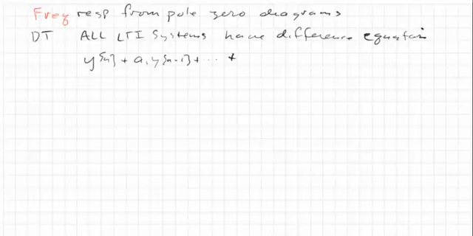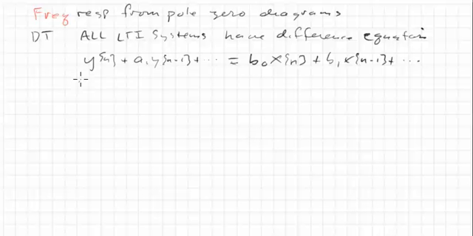I just want to make this equal, so we have a bunch of y's and past weighted values of outputs, and that's equal to a bunch of inputs and past inputs that are weighted. So that's the basic difference equation for discrete time systems.